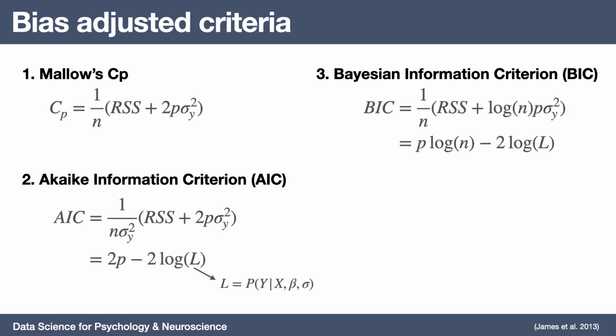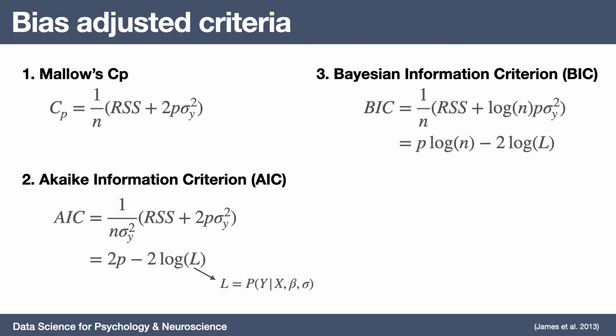This can be rewritten, at least in the normal linear regression context, as P log n minus 2 log L, or P times the log of the number of observations minus 2 times the log likelihood. As with AIC, BIC reflects the amount of information lost in your data. So smaller is better. Mallow's CP, AIC, and BIC all have that common reflection. You want to have it as small as possible.